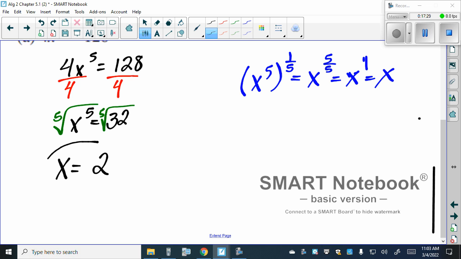So that is the answer. Really, the ones that get tricky are our even roots, because we can't take the even root of a negative number and get real solutions. The even root of 0 is just 0. And the even root of a positive number gives us our plus or minus.